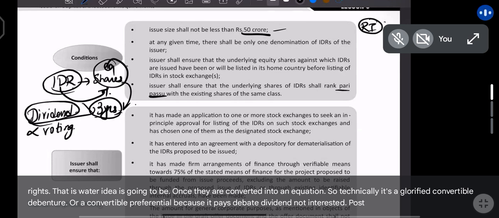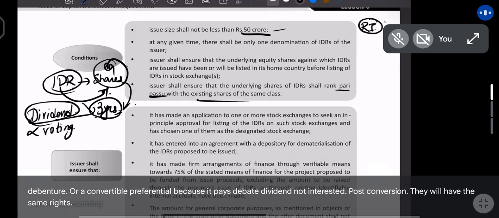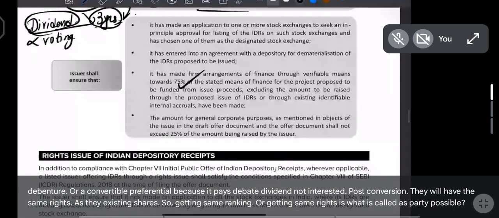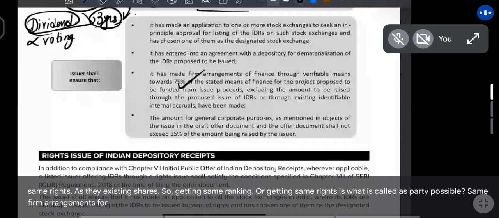Post conversion, they will have the same rights as the existing shares. So getting the same ranking or same rights is what is called pari passu. Same firm arrangements, 25 and 75, for general corporate purposes.